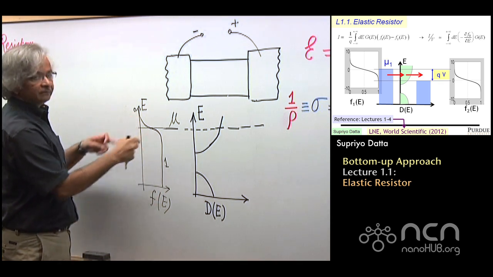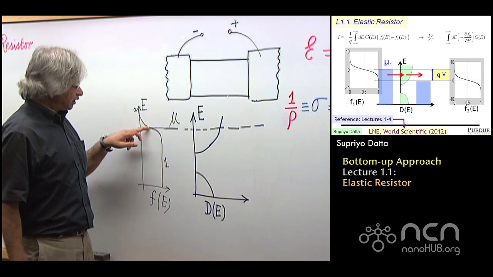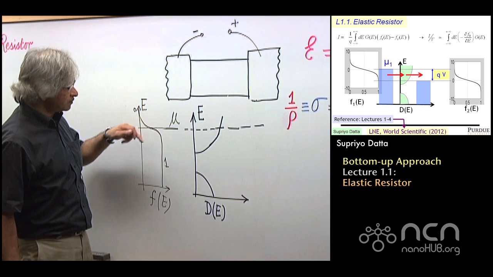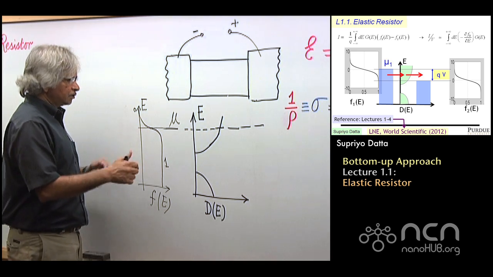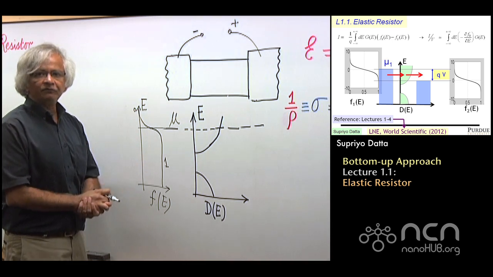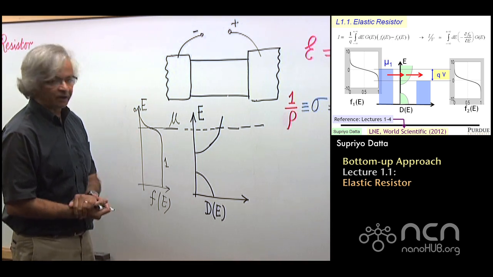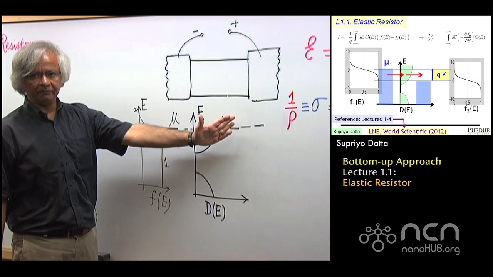And the transition occurs around the chemical potential, but it occurs abruptly if you are at zero temperature. If you are at non-zero temperatures, it occurs over an energy range of the order of a few kT. So that's this Fermi function.